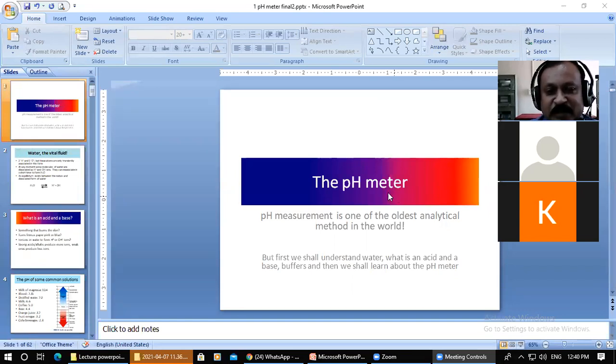We will try to understand the nature of the water molecule, in what kind of a form it is, in a dissociated form. Then we will also understand what is an acid and a base. I think these are things which you already have studied in your college days. We will also try to understand what is a buffer, and only after doing that we will learn about the pH meter.